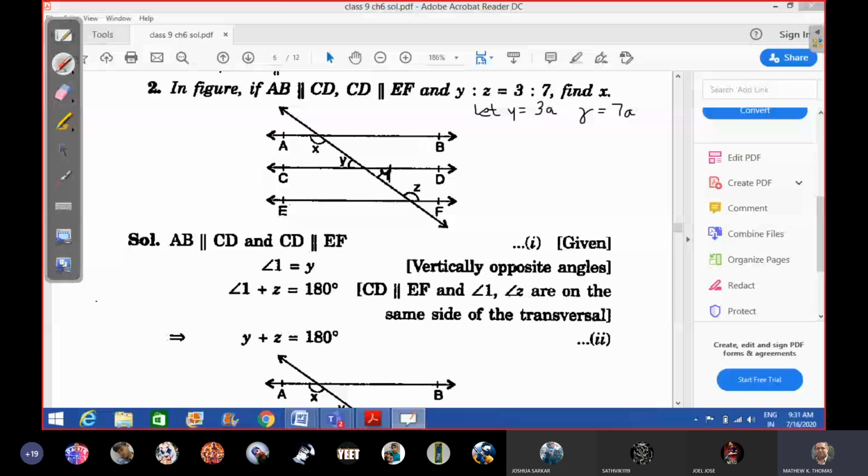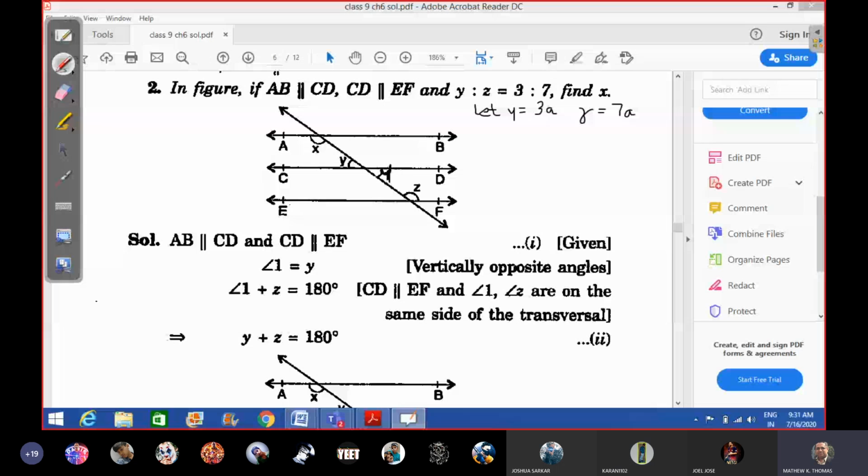Now what is the question? Find the value of x. Now here x and y are which type of angles? Sir, interior angles on the same side of the transversal. Co-interior angles.